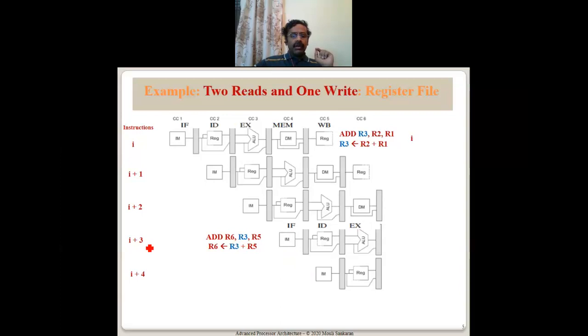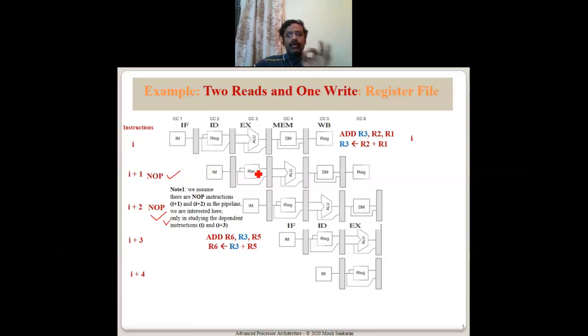Now I showed you only this instruction and this instruction. What are these two? For making our understanding simple, I am assuming it as a no op instruction. No op instruction means no operation. It doesn't have to perform any operation, but it will occupy the instruction stages. It will waste one cycle each whenever it is occupying one stage, but they go through it.